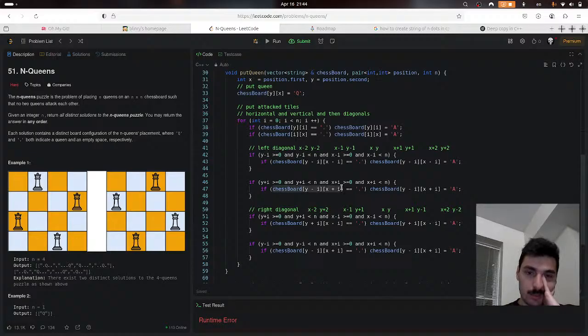This might be causing it. No, this can't be causing it because I'm checking Y minus I, X minus I. I'm also checking X plus I, Y plus I. Whoa, that's a problem here, guys.